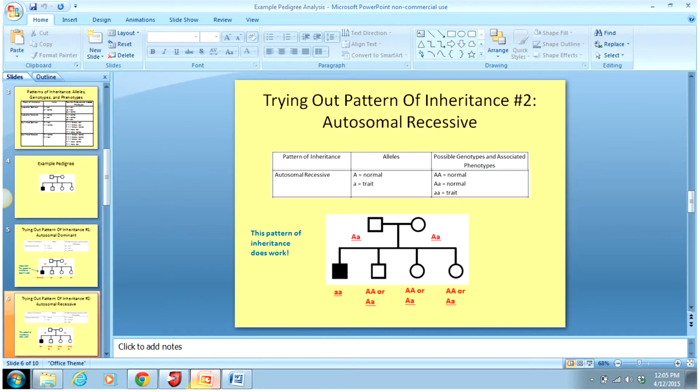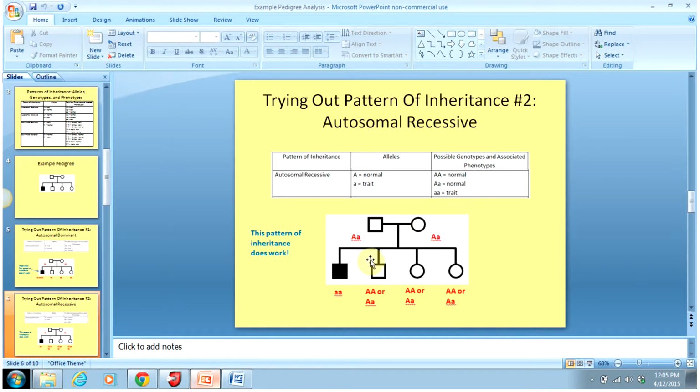Okay. So let's try out our second pattern of inheritance. If we're following an autosomal recessive pattern of inheritance, then big A is going to be normal and little a is going to represent the trait because it's recessive. On the right-hand side, you see the possible genotypes and associated phenotypes. And again, this comes from the chart at the end of your notes.